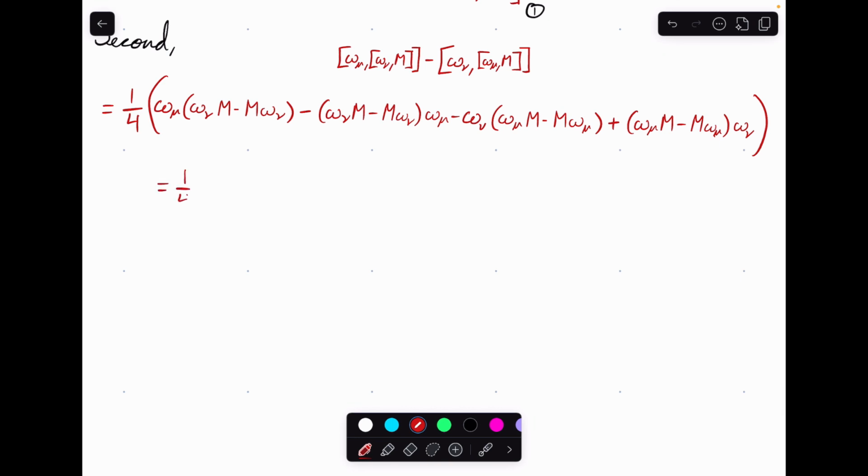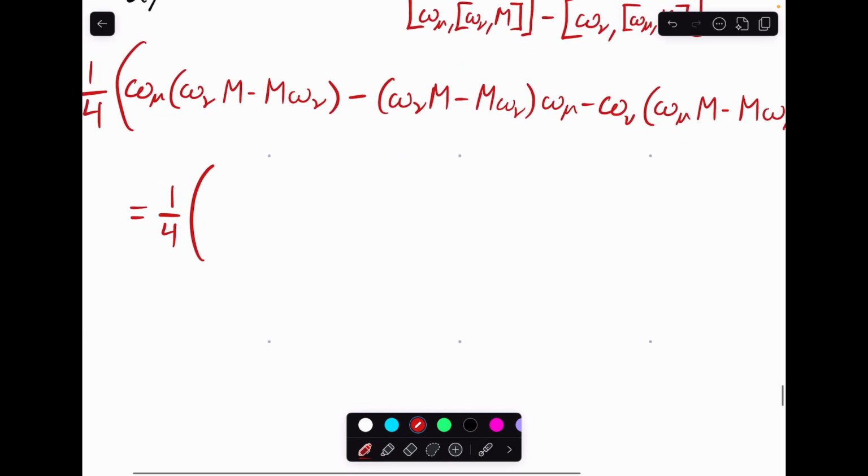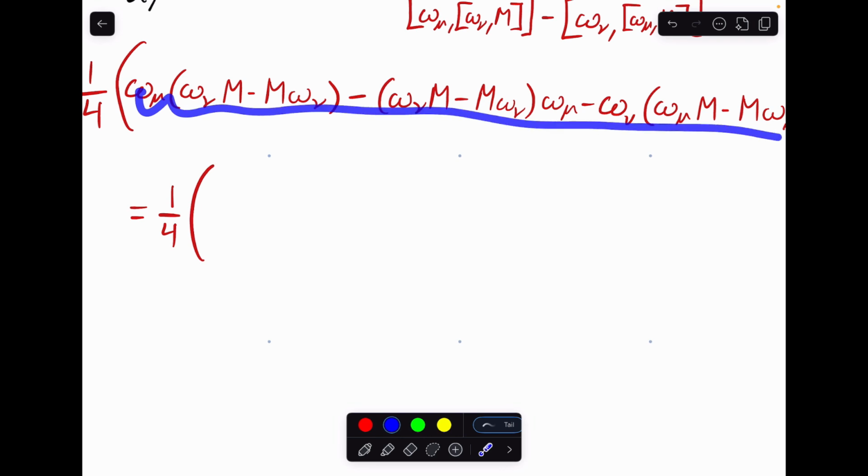So we get 1 over 4, and we're just going to distribute through.